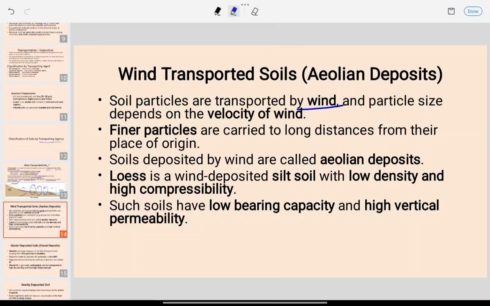Generally, the finer particles are light in weight, so they can be carried to long distances from their place of origin. The soil deposited by wind is known as aeolian deposits, as I have already told in the heading line.